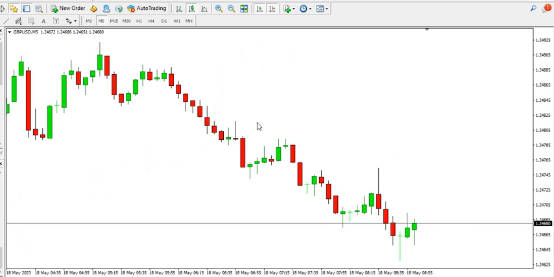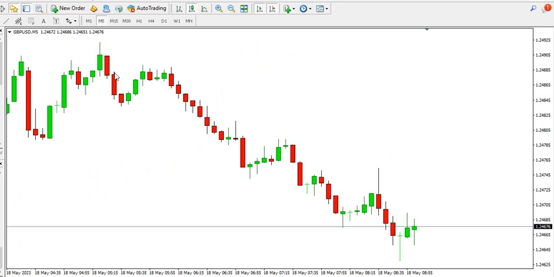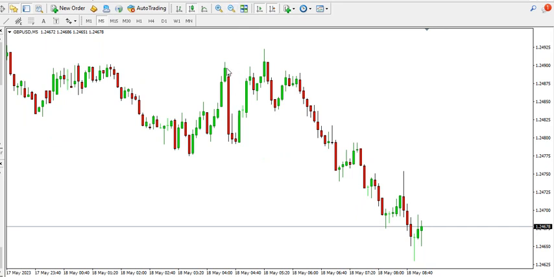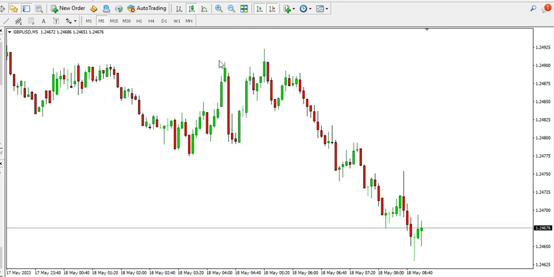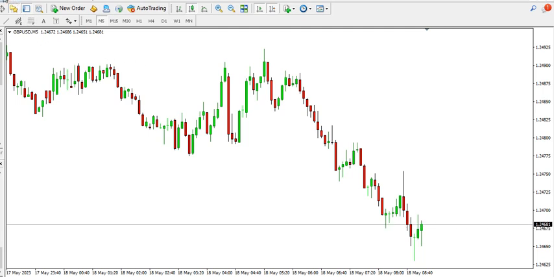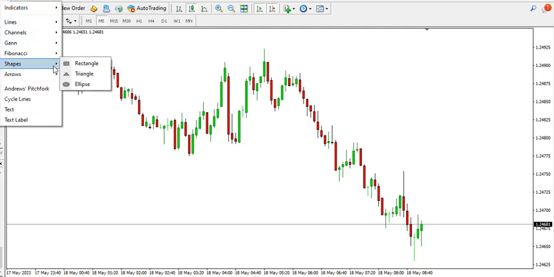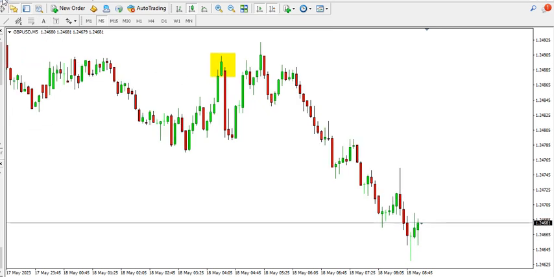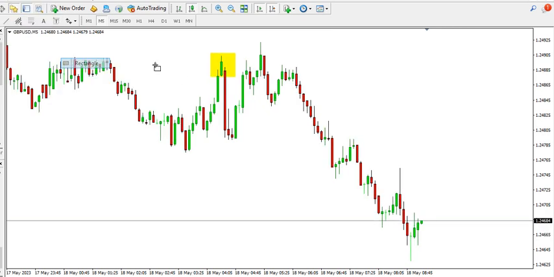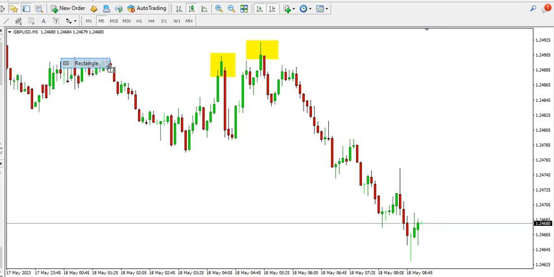On the 5 minutes time frame, you can see price formed, what do we have here, a double top, or is it a triple top? More like head and shoulder. This is the left shoulder, this is the head, and this is the right shoulder.